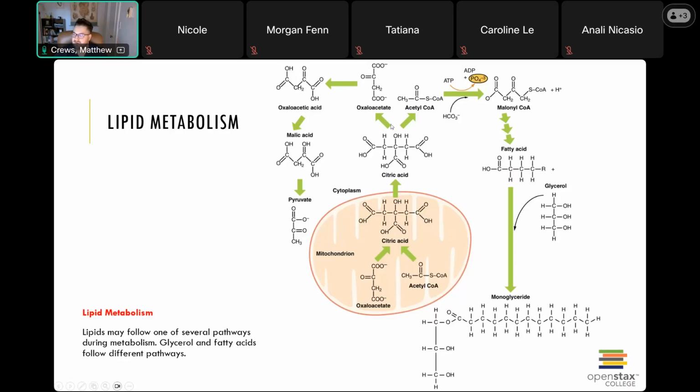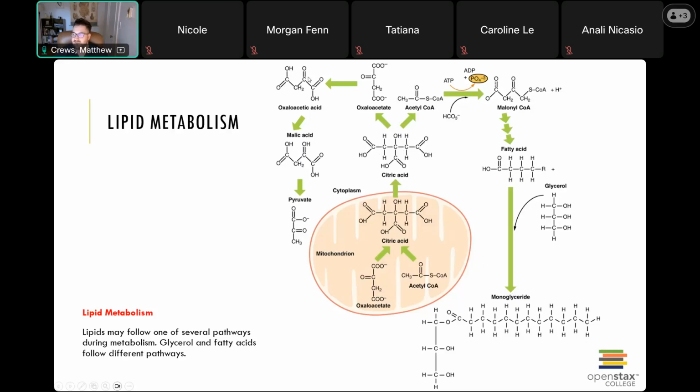All of this can happen in reverse. Malonyl CoA, acetyl CoA, oxaloacetate, malic acid, pyruvate. All of these things should be familiar to you. They're all part of glycolysis and the Krebs cycle, and it can all start from monoglycerides. So we can work backwards through all this and create whatever building blocks we need.